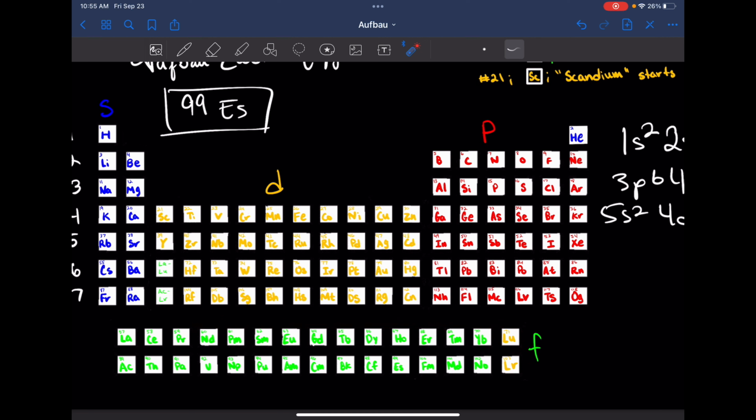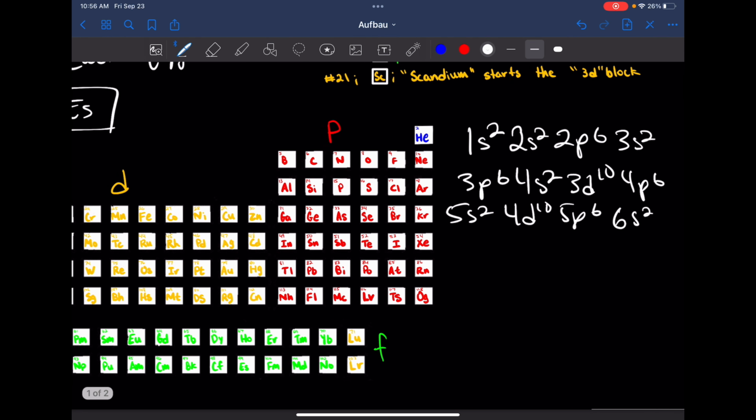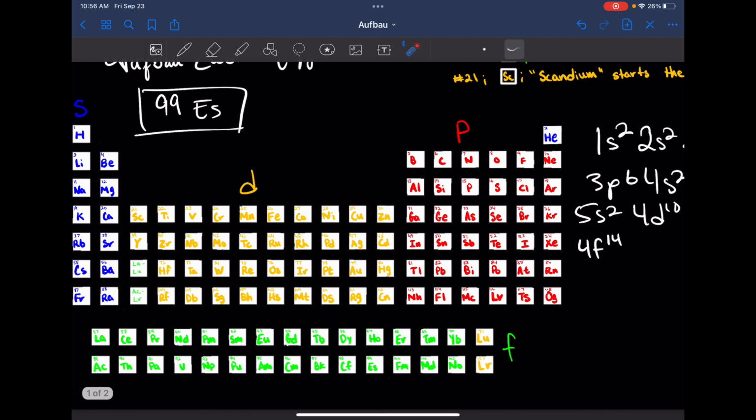So we actually went through all of these elements in the F block. And remember, this starts 4f. So 6s2, 4f14, and then we hit the D block again. We already went through 3d10, 4d10. Now this is starting 5d.